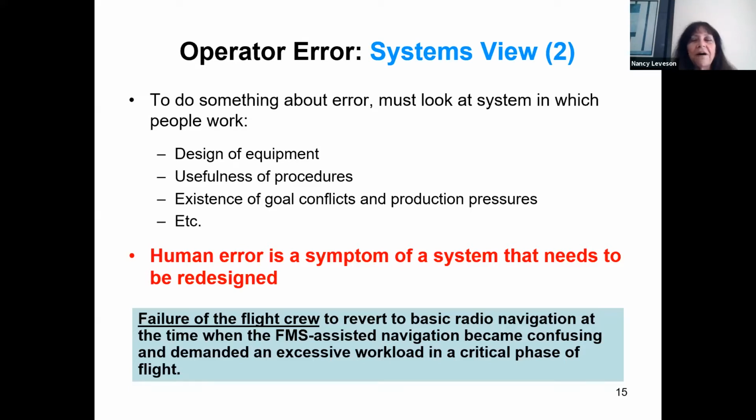Human error is not a reason for redesigning humans, which we can't do, or punishing humans, or giving them more procedures that they can't follow. Human error, if it occurs, says that we need to redesign the system. That's how we change behavior.